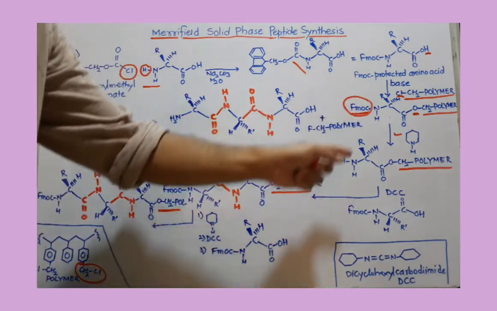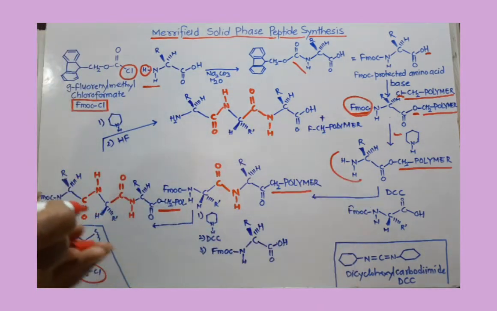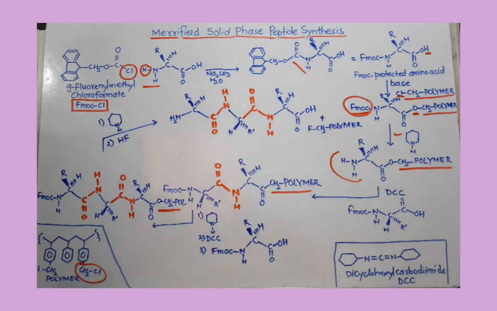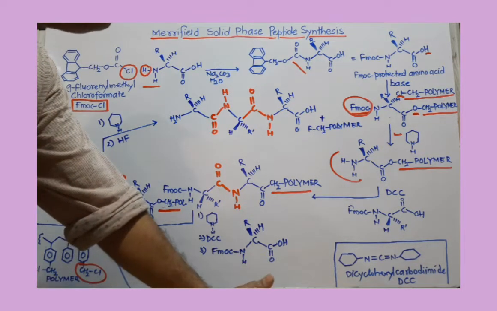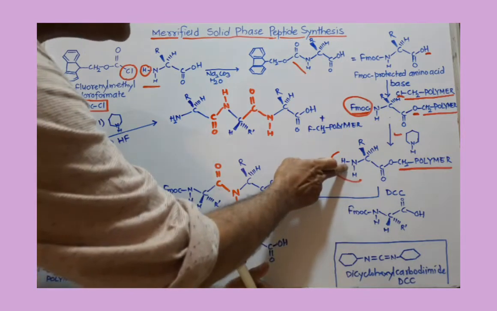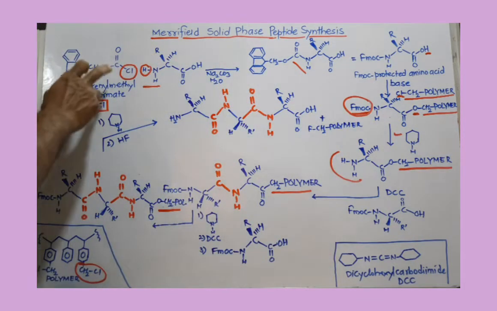Once it is deprotected, your amino acid now has a free amino group, which is ready for amide formation, ready for the peptide synthesis. Now again, whatever amino acid you want to join here, you have to protect first by using this Fmoc-Cl.